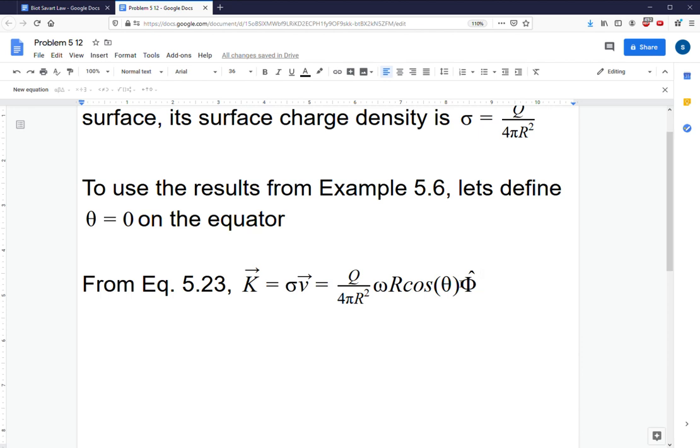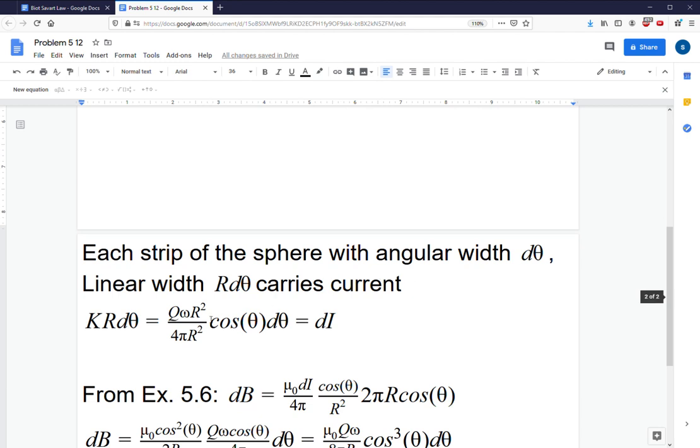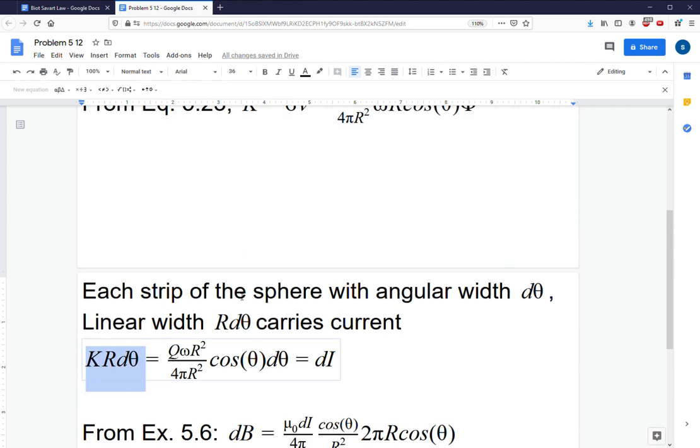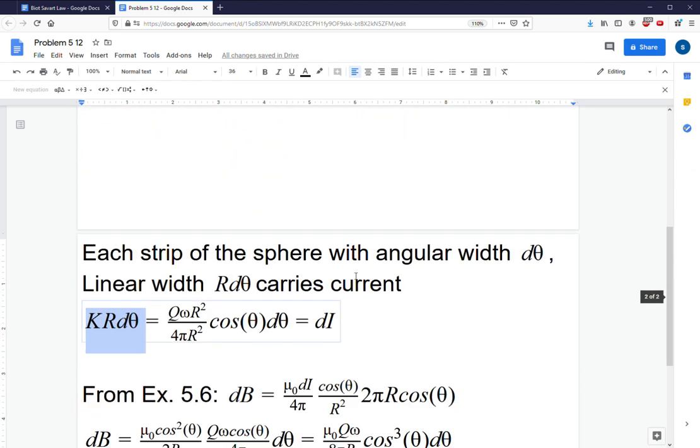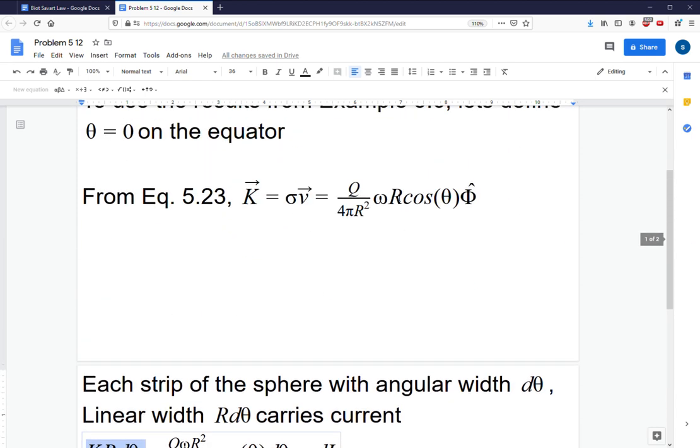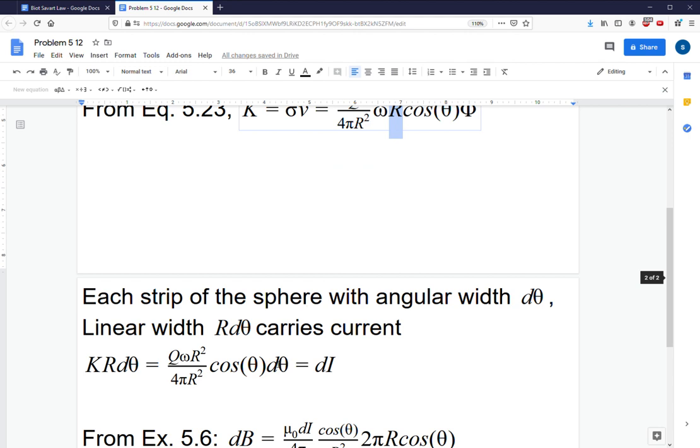If we take just one small strip of it with angular width d theta, and therefore linear width r d theta, the small amount of current carried in that strip is equal to K times that width, so K r d theta. We already had K given by this, so we multiplied by r and d theta. That is the small bit of current in that particular ring.